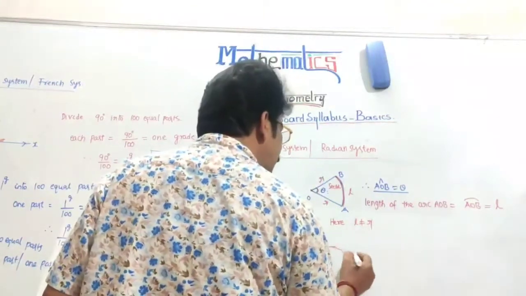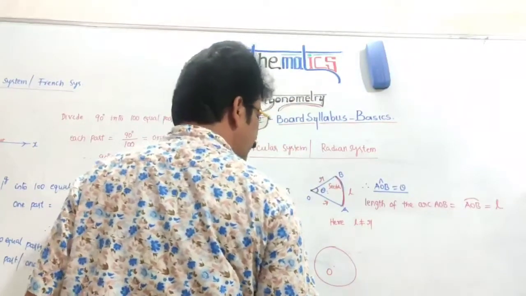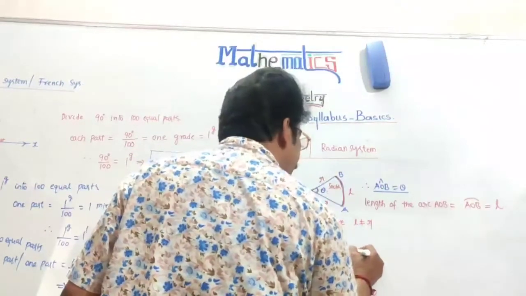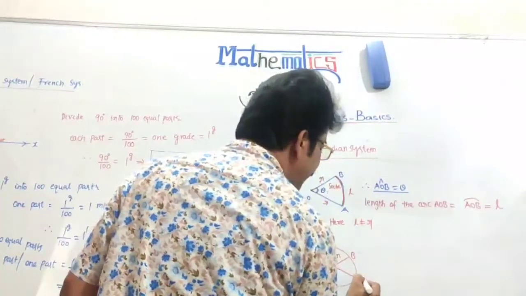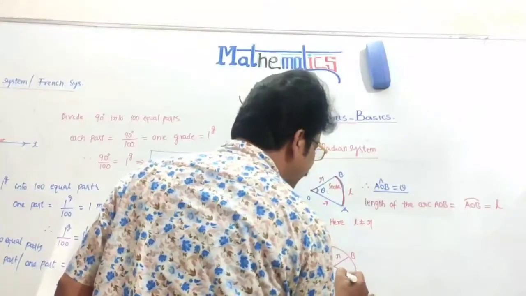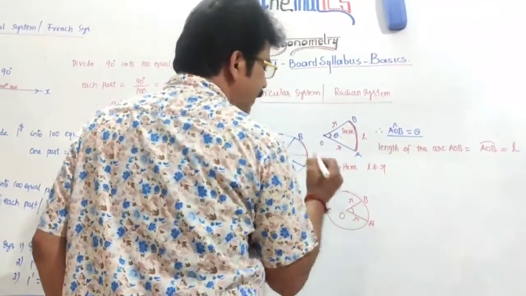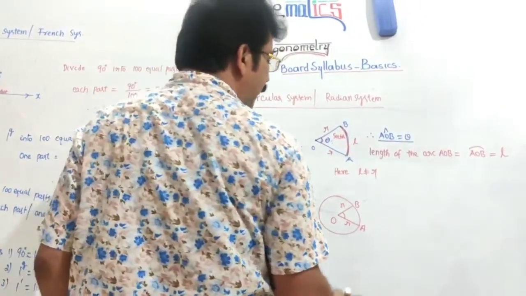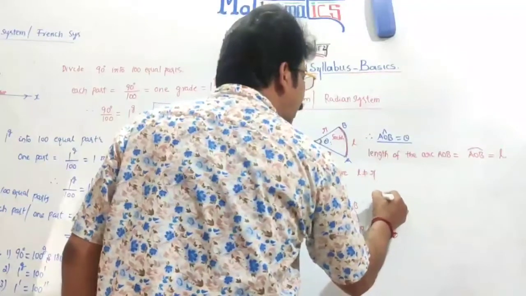Right. Let us take another circle. This is the circle. This is O, the center. Next, radius. This is R. It is capital A. It is also R. Next, this is the angle made at the center of the circle. This is AOB, the length of the arc.